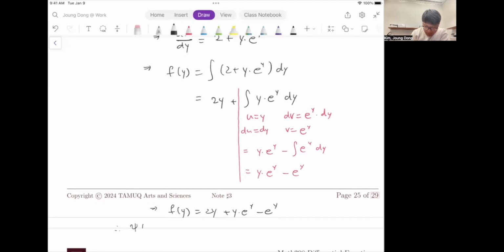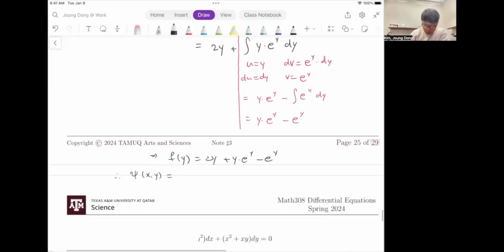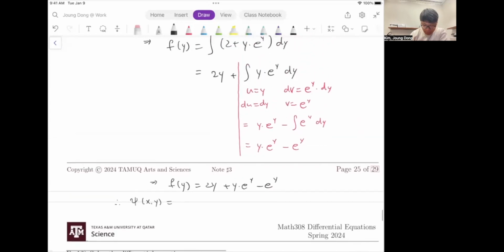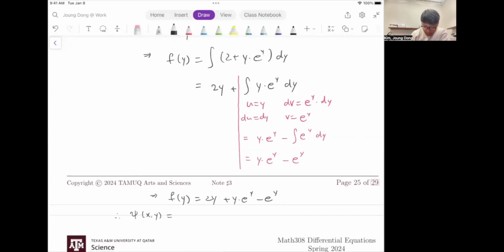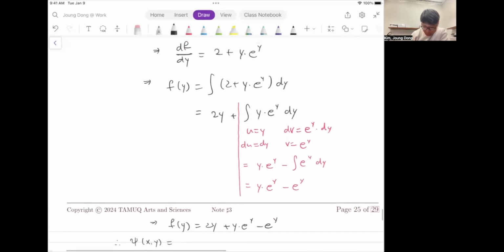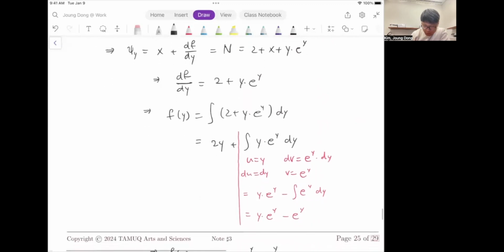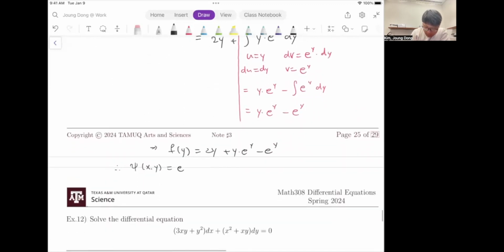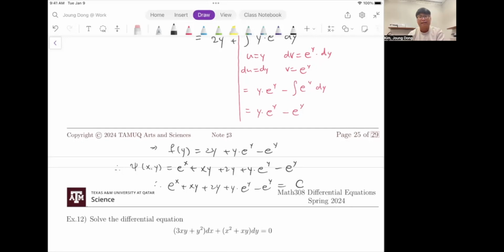Therefore, psi(x,y) is equal to e^x plus xy, and f of y, which is 2y plus y e^y minus e^y. Therefore, my solution is e^x plus xy plus 2y plus y e^y minus e^y is equal to c, right?